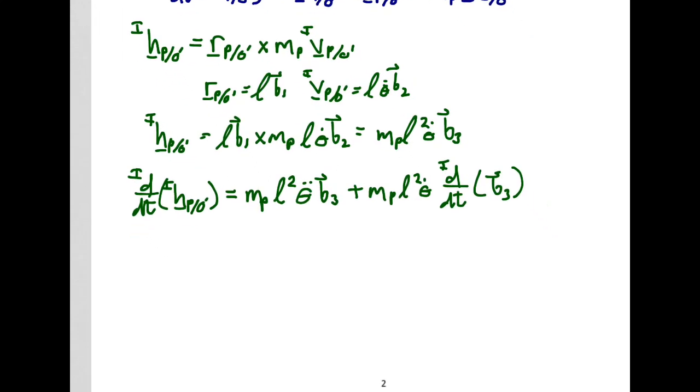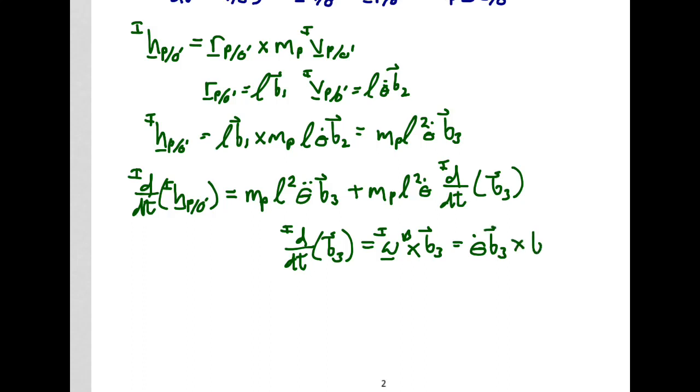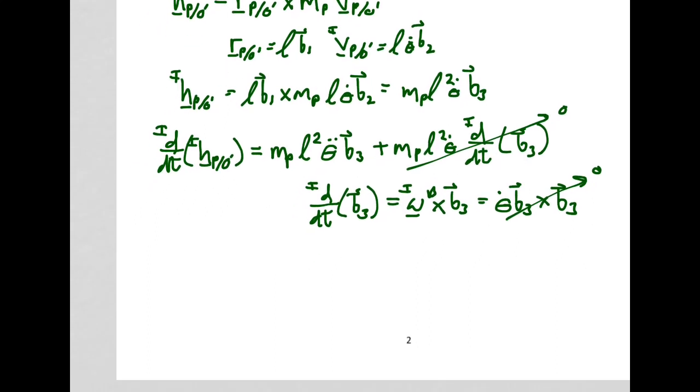The time differentiation of B3 is equal to omega of B as observed in the inertial reference frame, crossed with B3, and omega of B in the inertial reference frame is theta dot in the B3 direction. Crossing that with B3, this term ends up being 0. And so our entire left-hand side is right here.